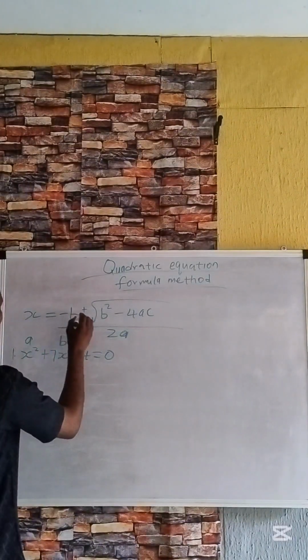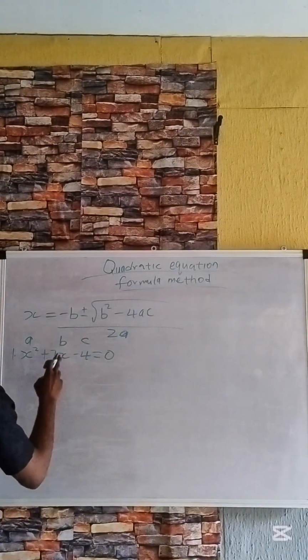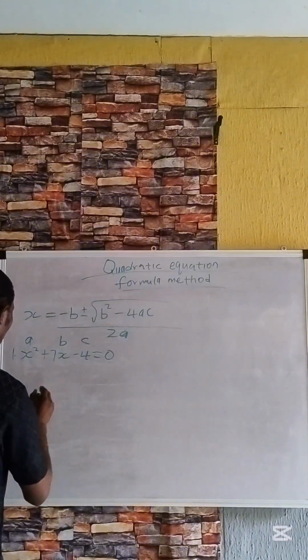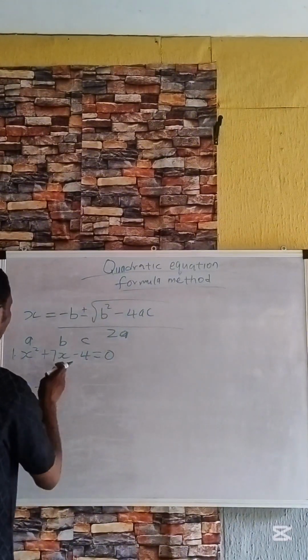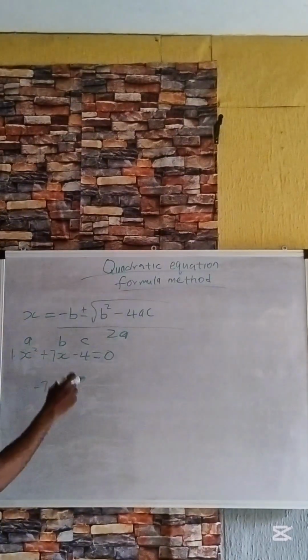So let's do that and see what we get. This is negative b, so negative 7. B is the coefficient of x.